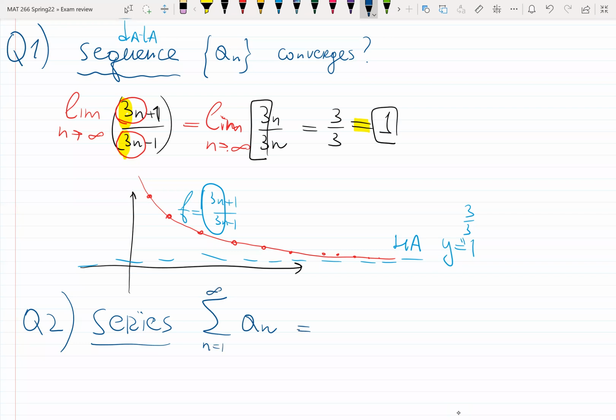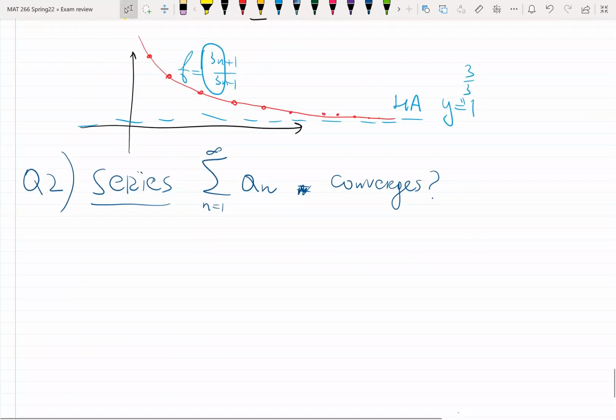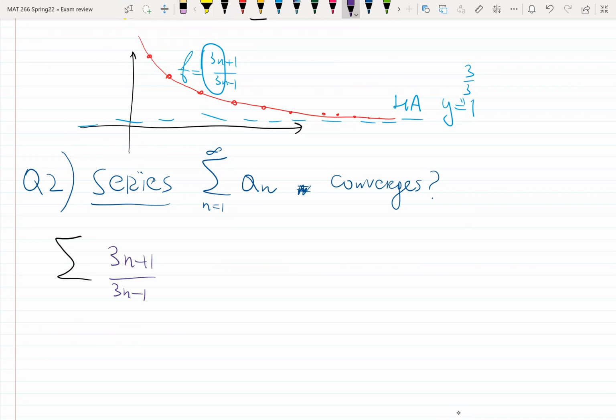Converges? And if it converges, then to what? That is not the same thing. Now we're talking about a sum. Put the function we gave you, 3n plus 1 over 3n minus 1, into the sum notation, n from 1 to infinity, and check if this converges or diverges.